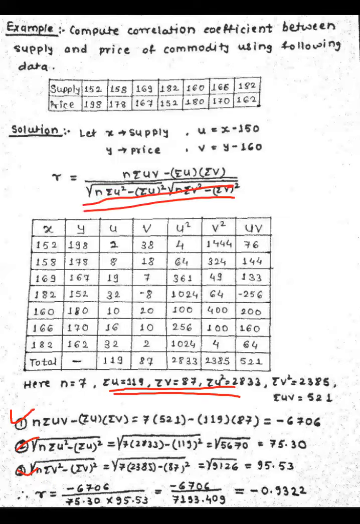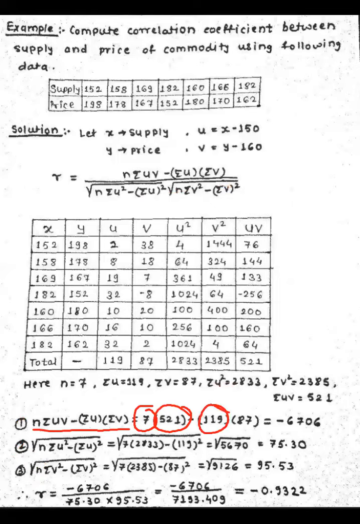We solve the numerator separately, putting the value of n as 7, summation of uv, summation of u and summation of v. And after calculating, we obtain the answer minus 6706.